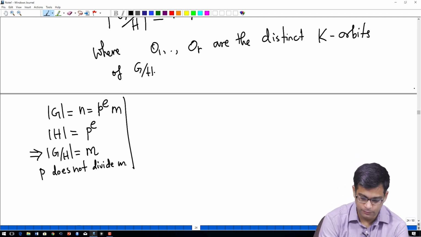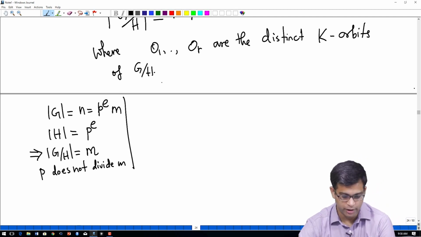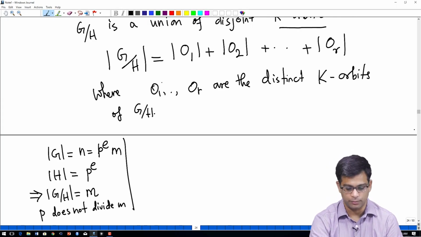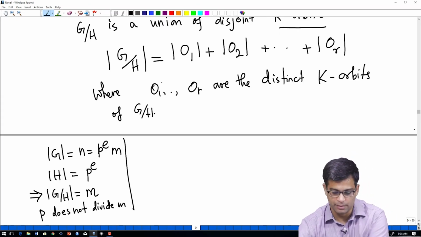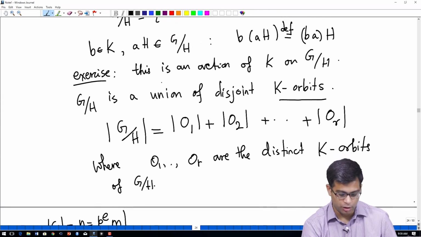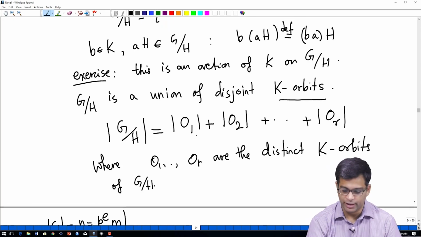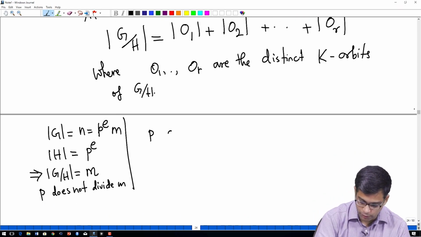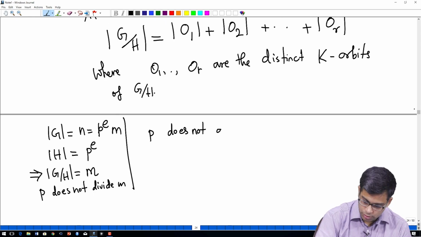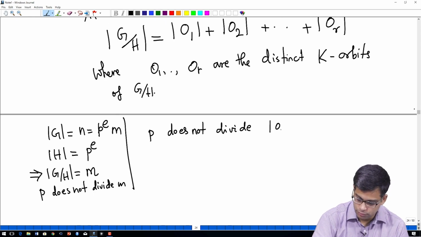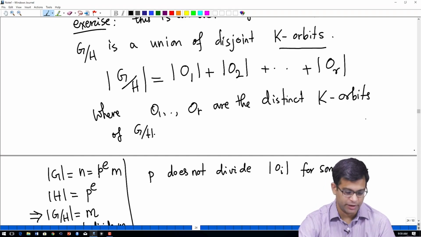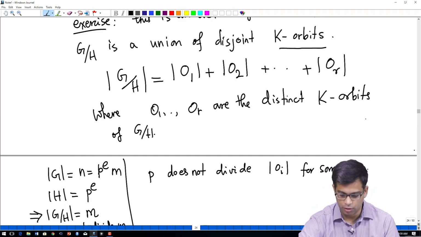Now, if you look at this equation, this happened exactly like this in the first Sylow theorem. We have the order of G mod H as a sum of some numbers. P does not divide the order of G mod H. So, P cannot divide all of the orbit sizes. So, P does not divide the order of OI for some I, because if P divides the order of each OI, then P divides the sum, which means P divides the order of G mod H, which is not possible.